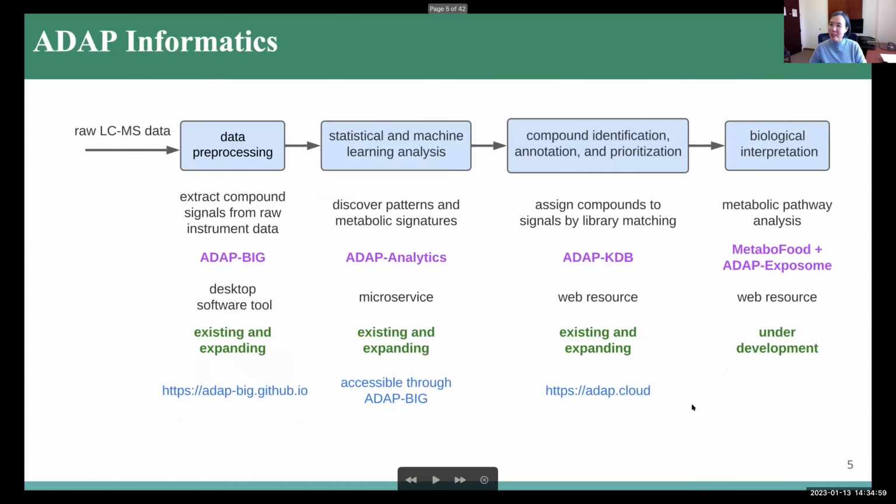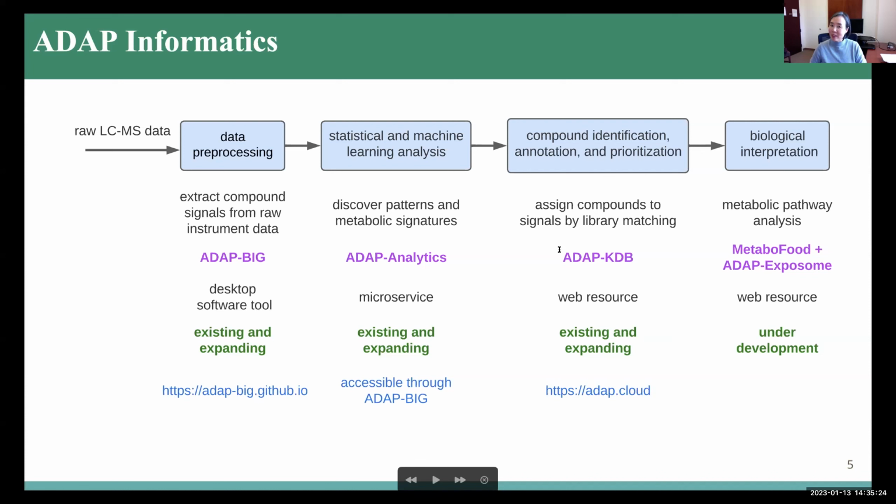My group has been trying to develop informatics tools to tackle these challenges. In this workflow, we have developed ADAP Big for data preprocessing, and users can access it at this website. For discovering patterns and related compounds, we are developing ADAP Analytics.